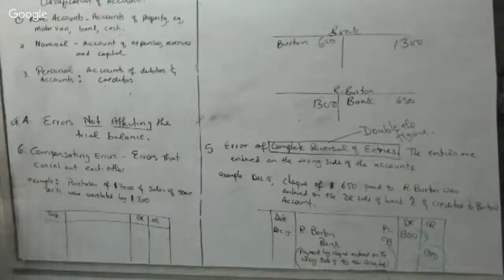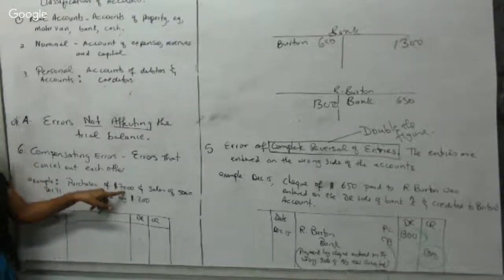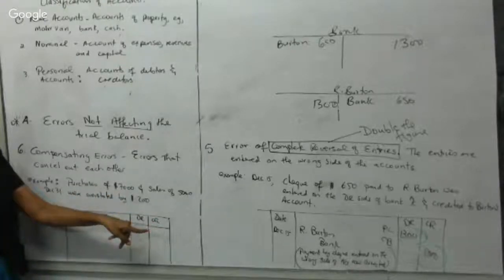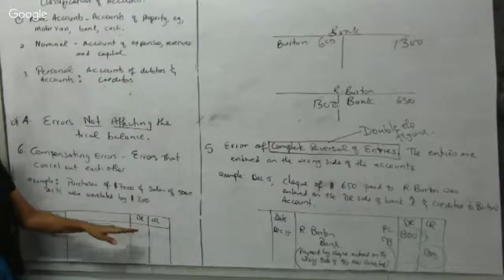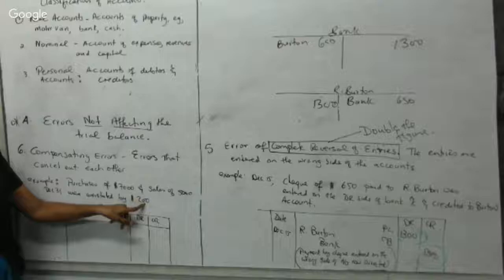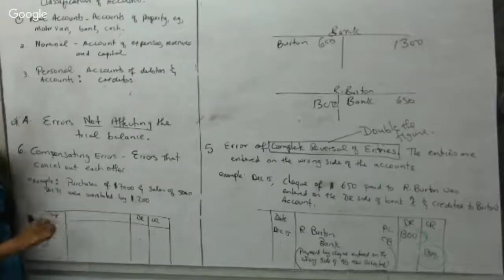So to make the correction, you're going to have to remove the 200 from both accounts. We know that sales is always credited and purchases always debited. So if we're going to remove 200 from the debit side of purchases, we have to credit purchases. And if we're going to remove 200 from the credit side of sales, then we have to debit sales with 200.